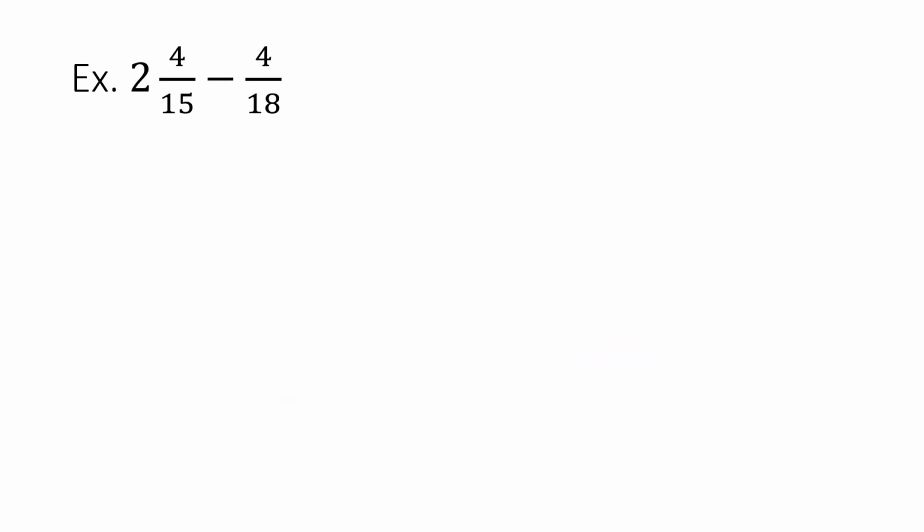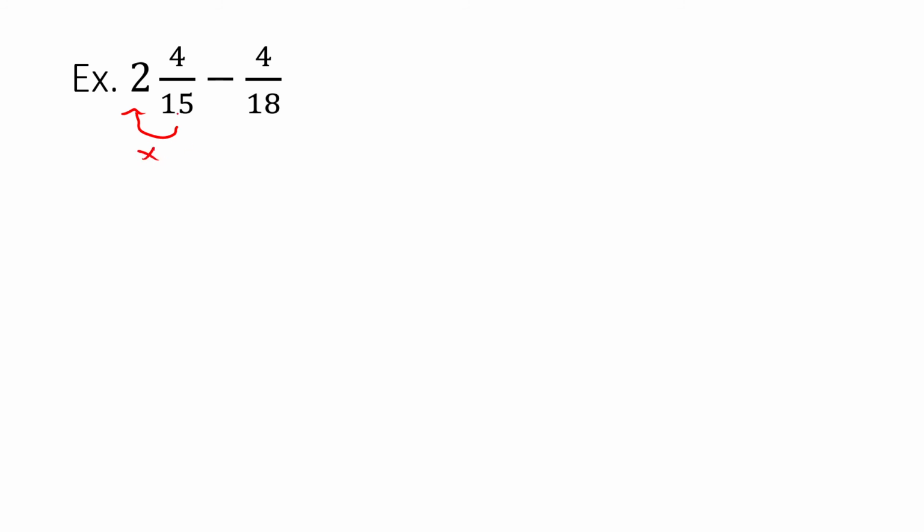Now, let's try another one, subtraction, and we'll end the video on that. So now we have 2 and 4 over 15 minus 4 over 18. First, you want to change all the mixed numbers to improper fractions. So let's change 2 and 4 over 15.